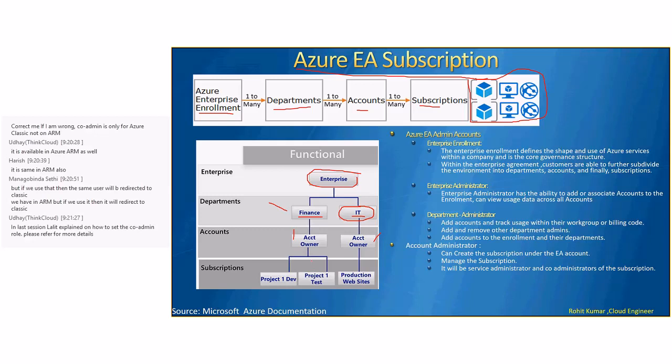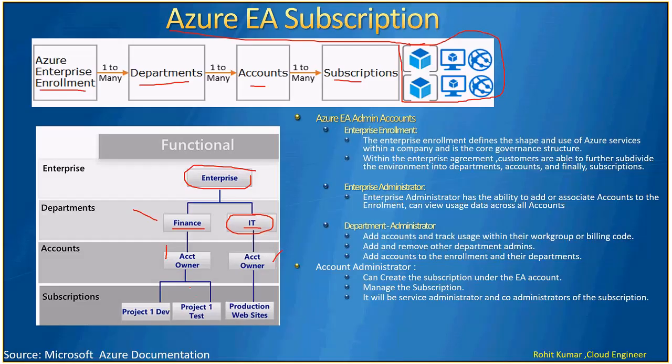So basically the co-administrator role is more on that. What's your Azure account administrator like? He can create the resources, he can delete the resources, he will be able to add another co-admin, but he cannot add the service administrator. And I'll show you in the demo how you provide the access to the co-administrator.